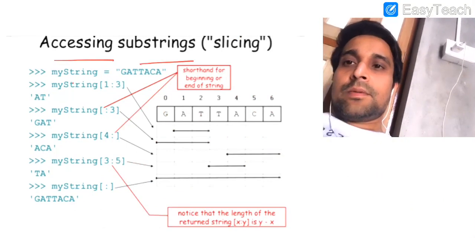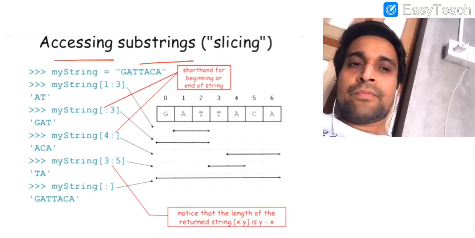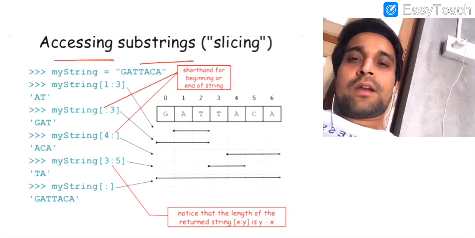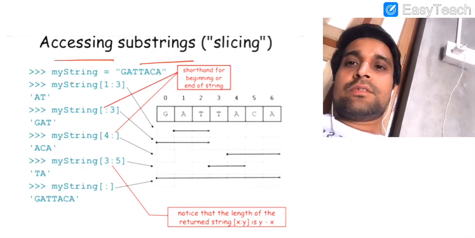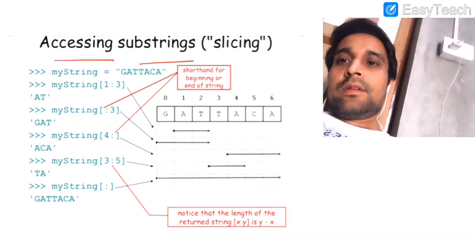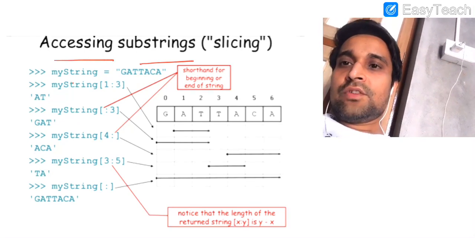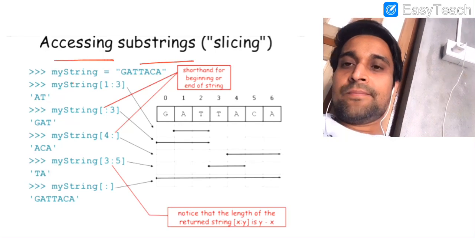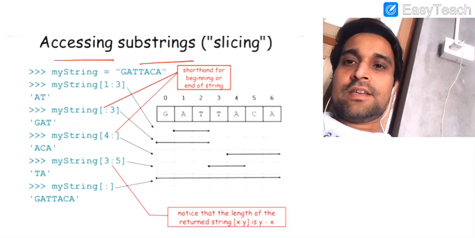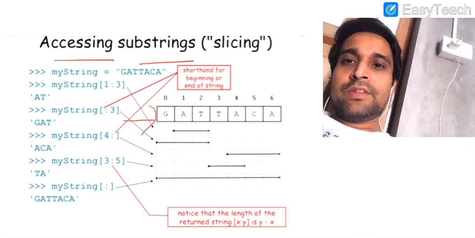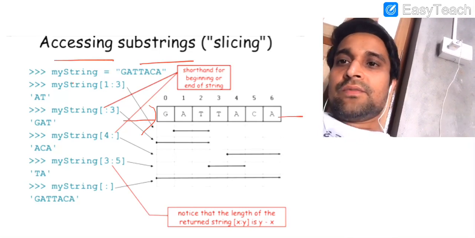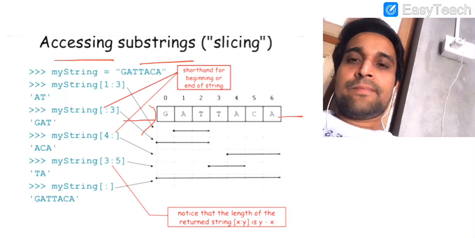Now let us discuss accessing substrings, or extracting some part from an original string, that is known as string slicing. In our example you can see we have written my string is equal to GATTACA. So GATTACA is the string stored at index 0 to 6. Thereafter we have written my string 1:3.